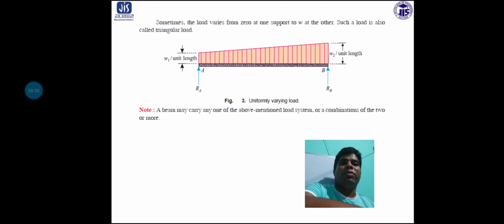Sometimes the load varies from 0 at one support to W at the other support. Such a load is also called a triangular load. And a beam may carry one of the above-mentioned load systems or a combination of two or more systems.